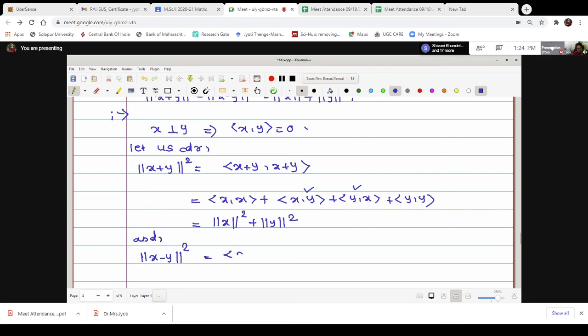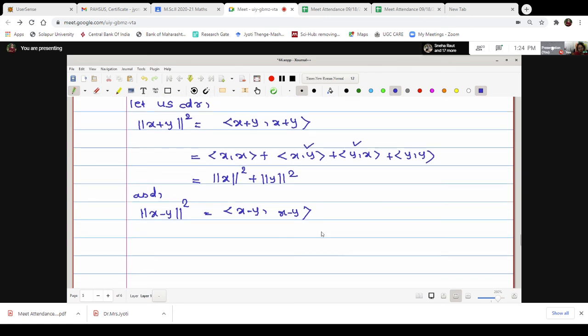This is inner product x minus y with x minus y. The value is inner product xx minus inner product x with y minus inner product y with x plus inner product y with y. Again the middle two terms are 0, we are left with norm square of x plus norm square of y.